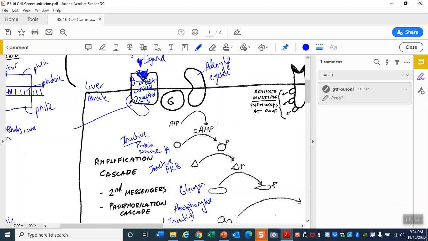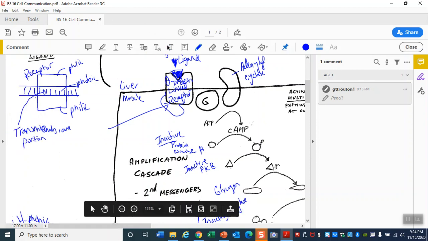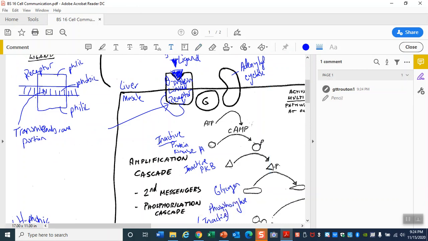Go ahead and label that. I might just type this one out. All right. This is a conformational change, I'm going to abbreviate, conformational change, delta for change, in the cytoplasmic, it's not called the cytoplasmic portion, it's called the cytoplasmic domain.